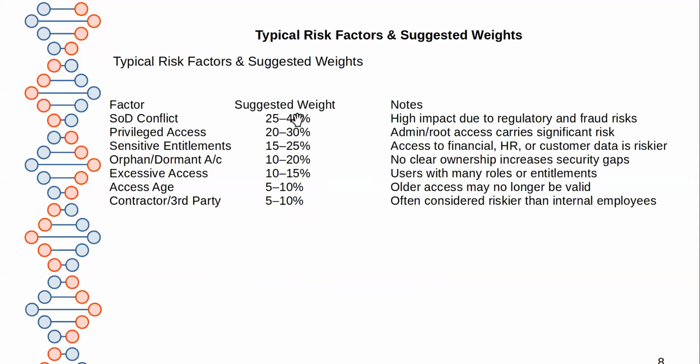SOD conflicts 25 to 40, privilege access 20 to 30, sensitive entitlements up to 25%, orphaned accounts or dormant accounts up to 20, excessive access up to 15, access age 5 to 10, contractors or third party 5 to 10%. These are industry standards, but they can vary from organization to organization.